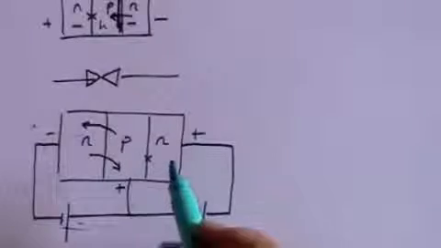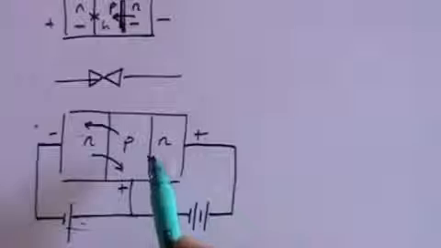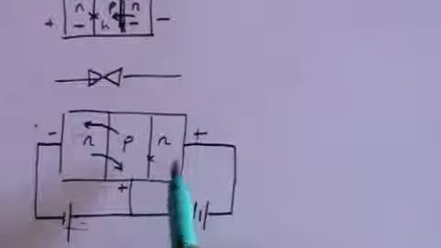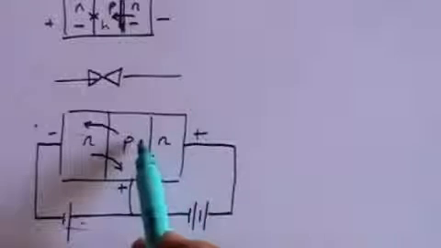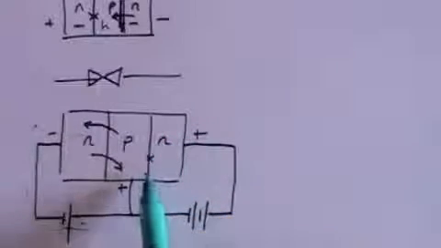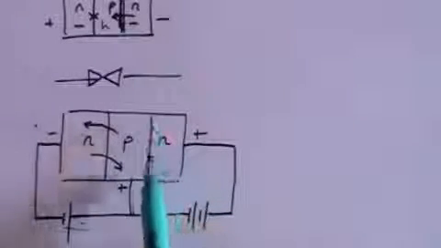That's what we've seen in the diagram above. But why can't they get across that depletion layer? It is because all the positively charged holes have moved away and all the negatively charged electrons have moved away, just leaving a depletion layer.